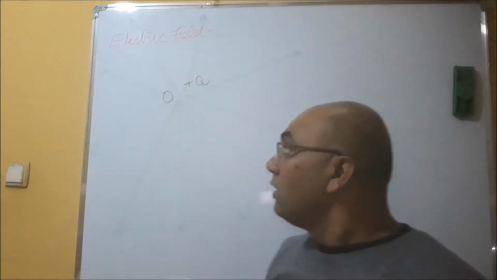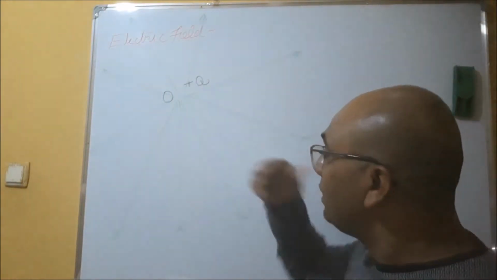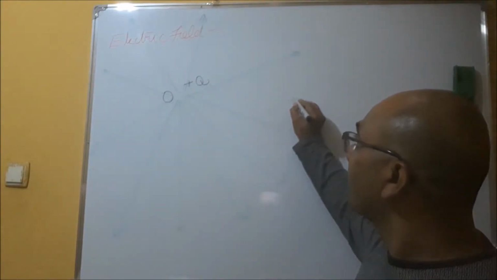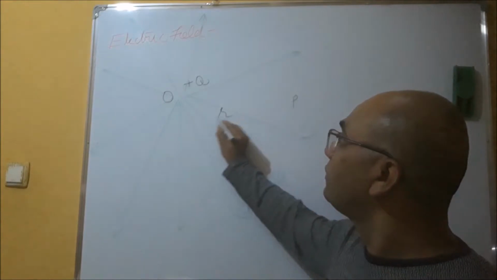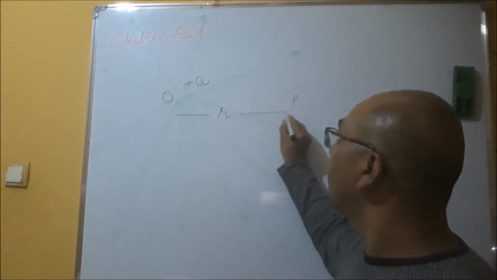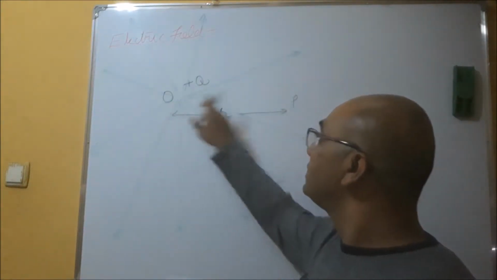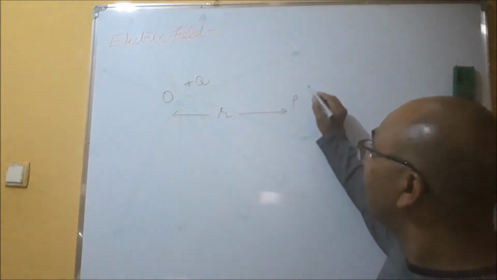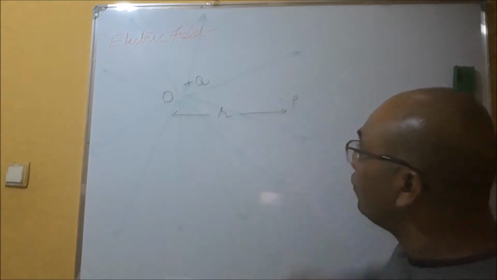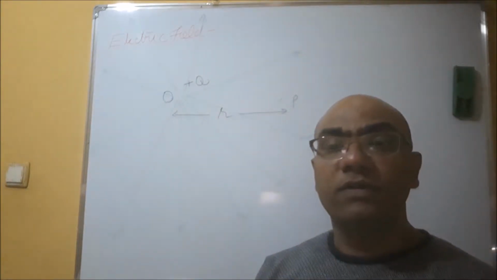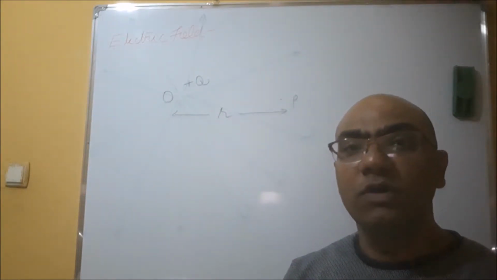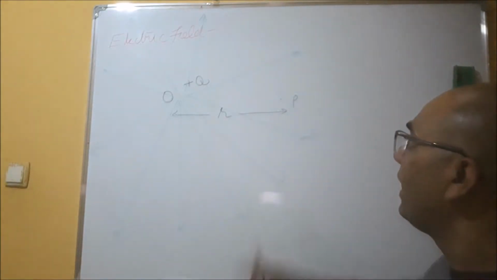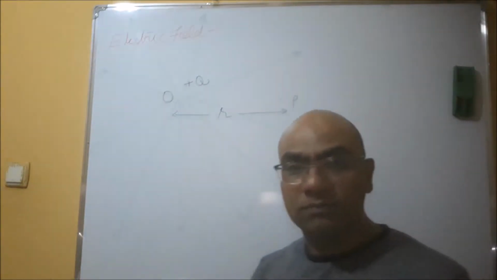Is it okay? Now you see, if I am considering any point P which is at a distance of r from this point O, this means the distance between O and P is r. And now I want to know the value of the electric field at point P, right?